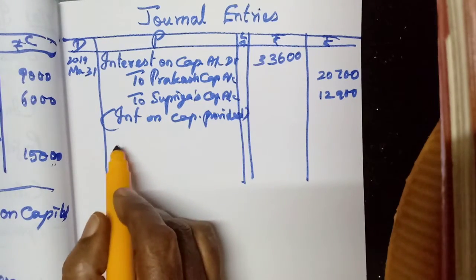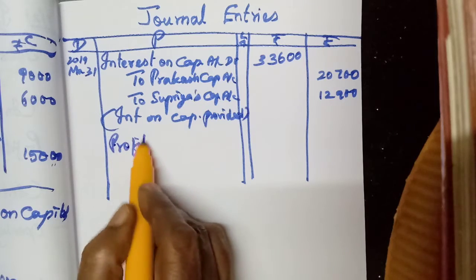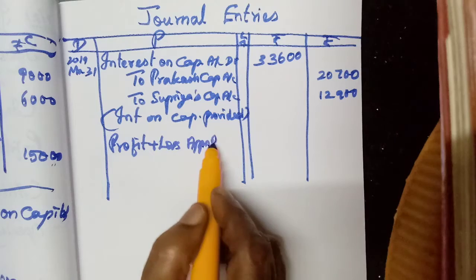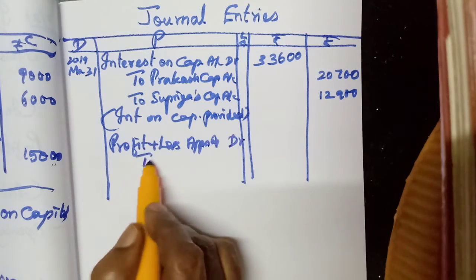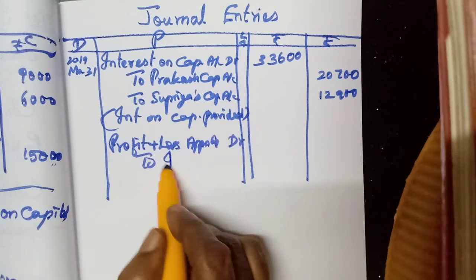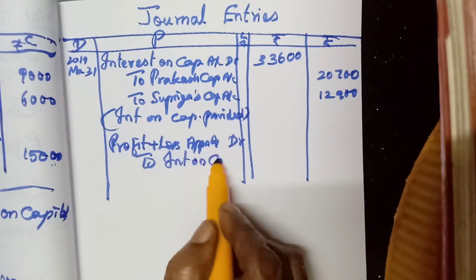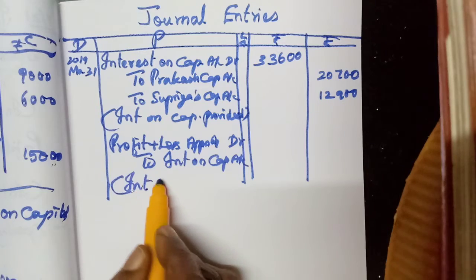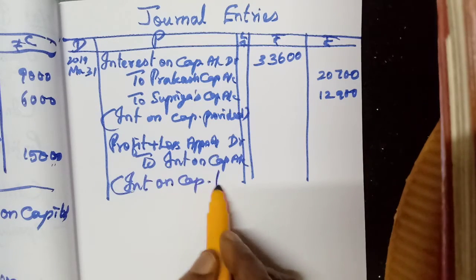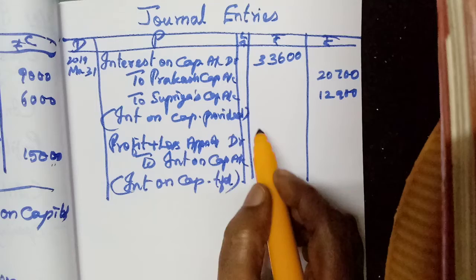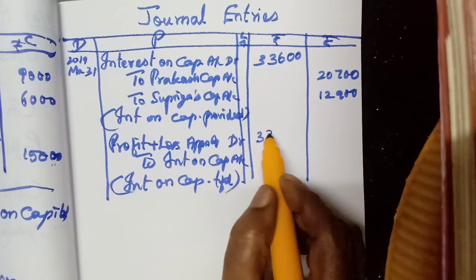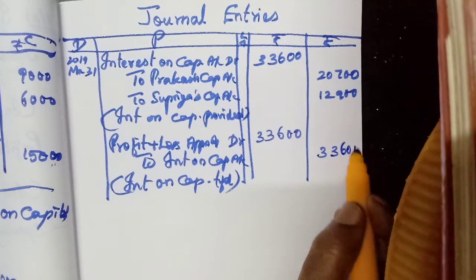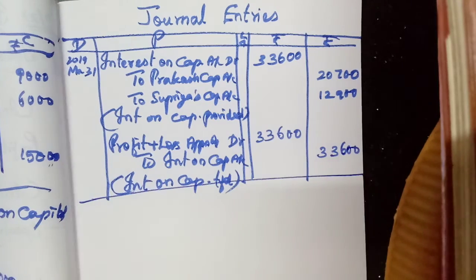Then second entry, profit and loss appropriation account debtor to interest on capital account. Interest on capital transferred. Total amount 33,600. Here 33,600. That's all. The problem gets over.